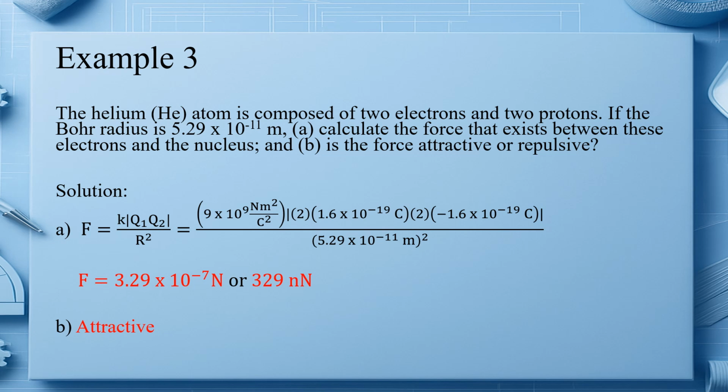So the final force is 3.29 times 10 raised to negative 7 Newton, or 329 nanonewton.